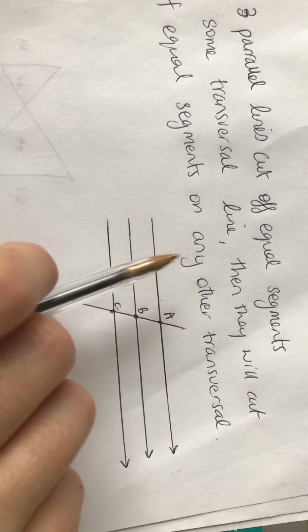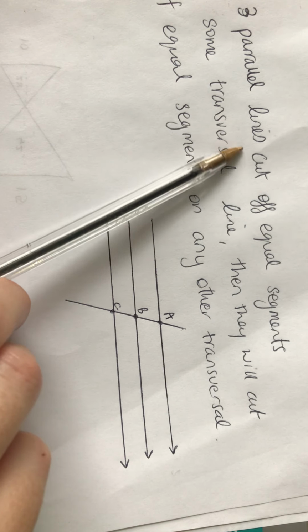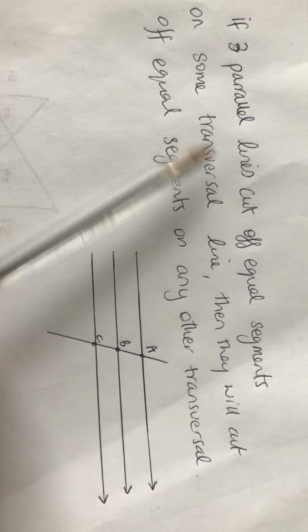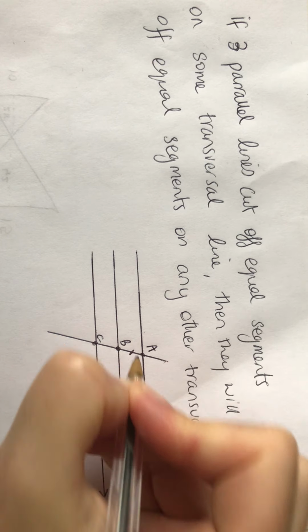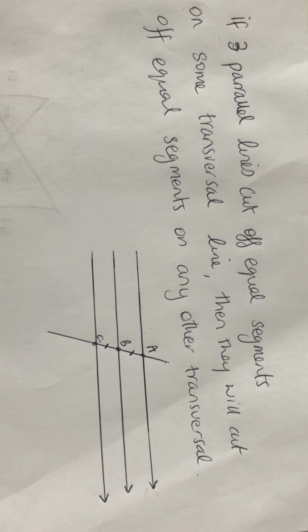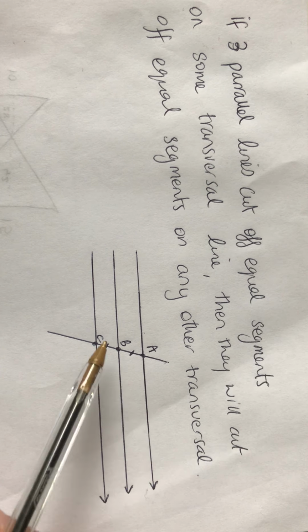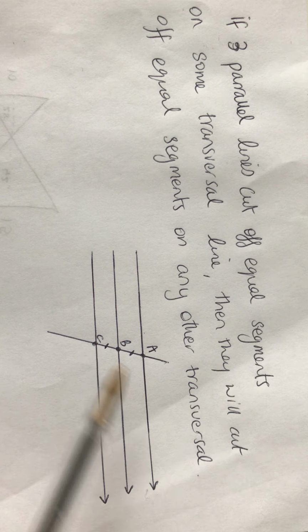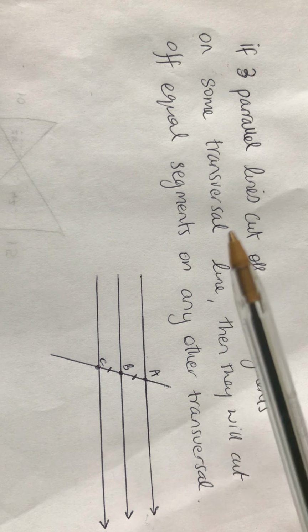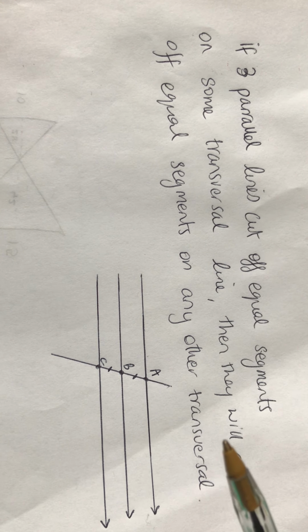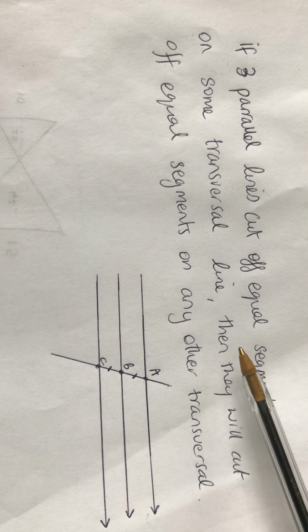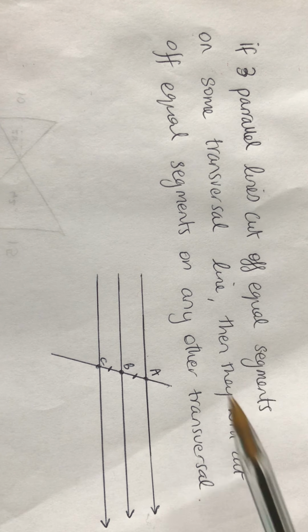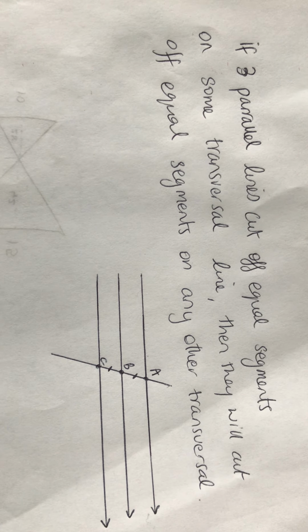And what do we know? Three parallel lines have cut off equal segments on some transversal line. So that and that are equal. So the length of A to B is equal to B to C. So that's my diagram. And what I need to draw in is then they will cut off equal segments on any other transversal.